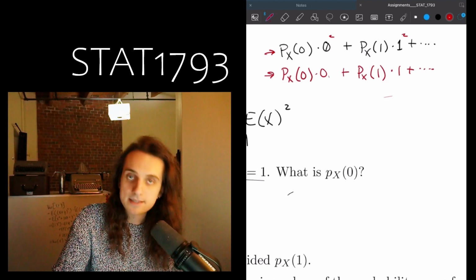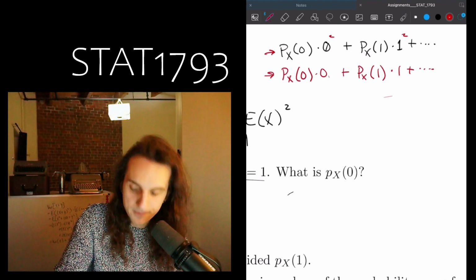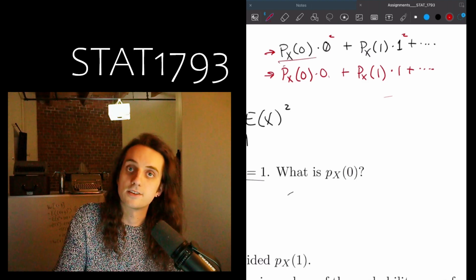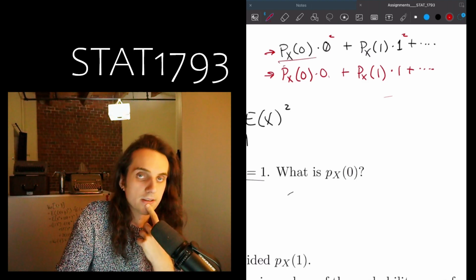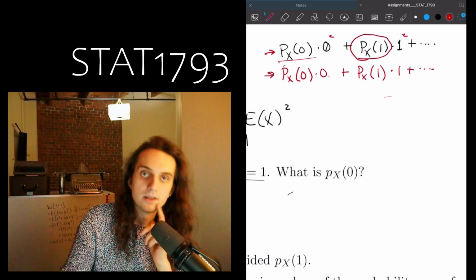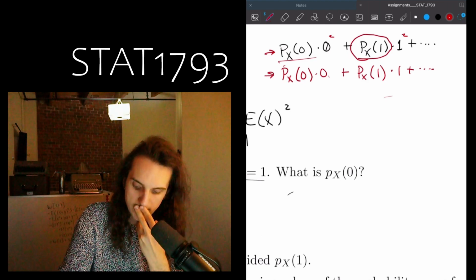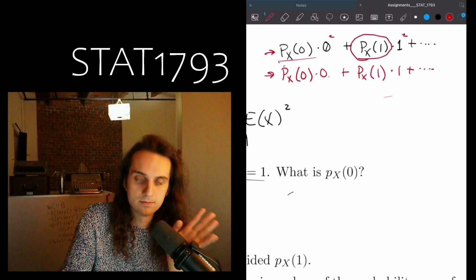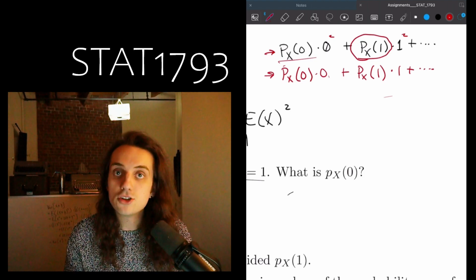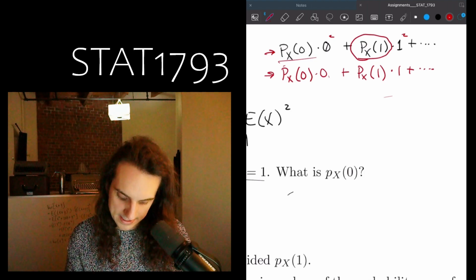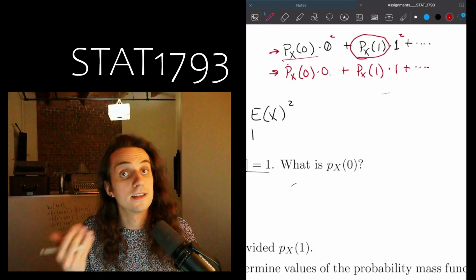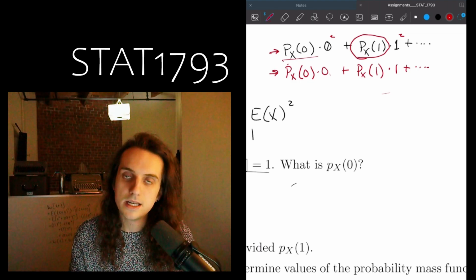Now, let's suppose, for the sake of example, that the probability that x takes on a value of 0 is greater than 0. What that also means is that this value right here would have to be less than 1. Okay. Now, the issue that we're going to start running into is that at 0 and 1, the expected value of x and the expected value of x squared are going to be the same, right?